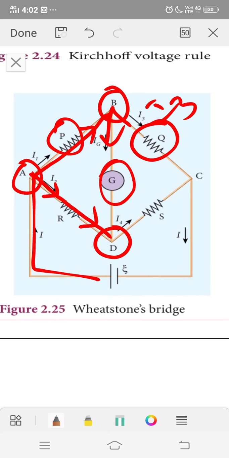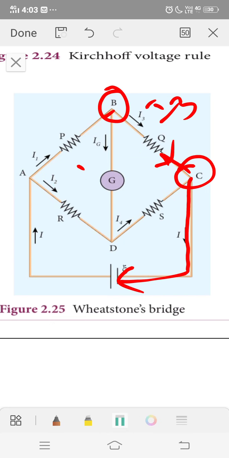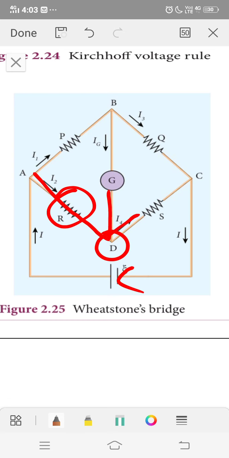The current passing through the galvanometer is represented by Ig, and after the current enters the resistor Q, the leaving current reaches point C. Here the current flows from point C toward the negative terminal of the battery. The second divided current moves across the resistor R. At point D the leaving current from resistor R is again divided into two parts.